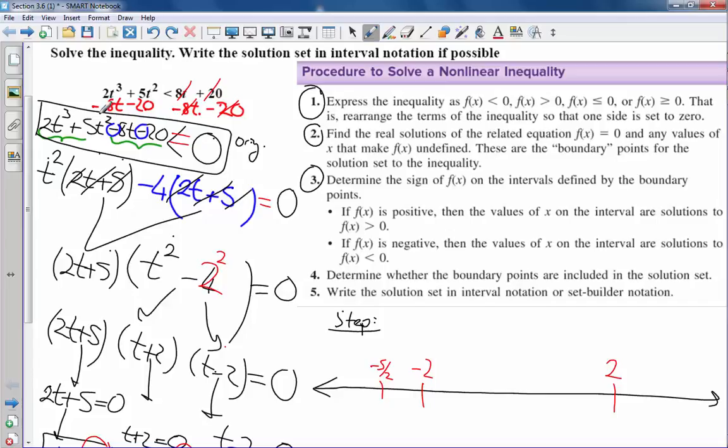But this is a cubic polynomial. Are there any values you can insert in t that make it undefined? Can you find such a value? No. So this works with every number. That's why I skipped that second location.